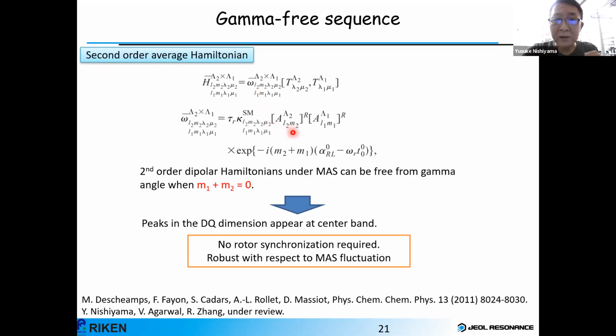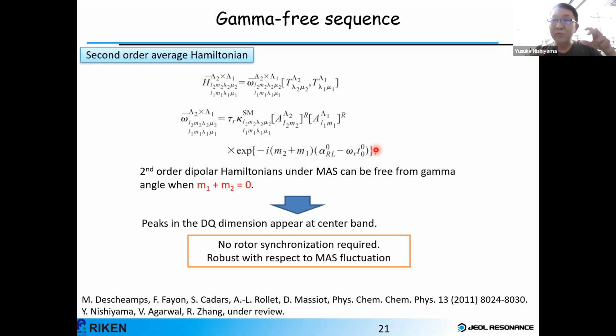Of course, we have to decouple non-zero M1 and M2, but we can decouple these terms so that M1 plus M2 equals 0. For example, if we decouple +1 and -1, we can get rid of the dependence on the gamma angle. That is a gamma-free Hamiltonian.